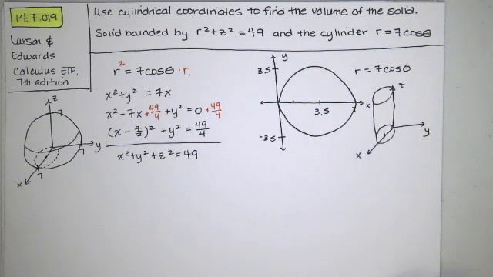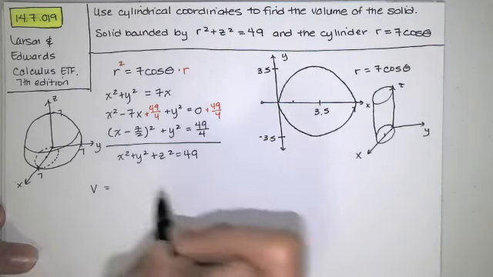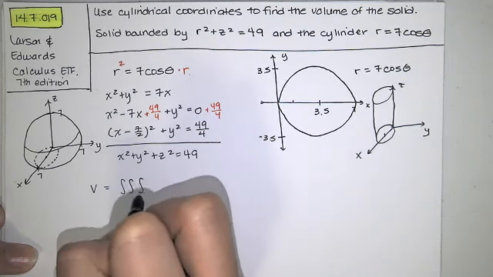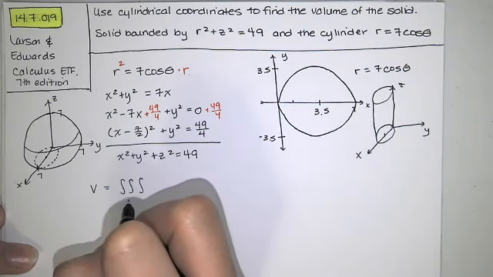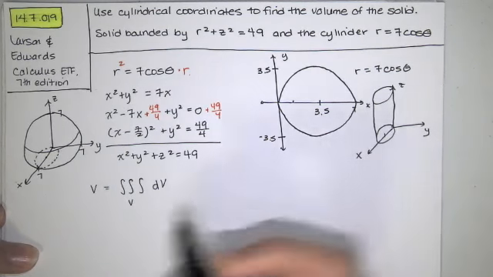Well, we're asked to use cylindrical coordinates to find the volume of the solid. So you've got basically this as your formula. You want the triple integral of dV. That's what you want your volume to be.